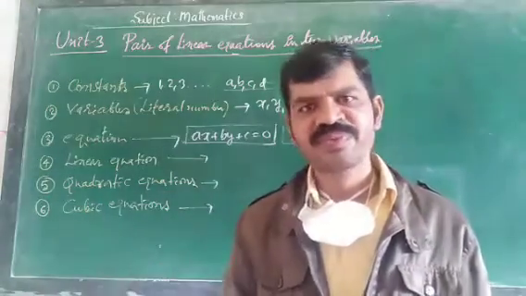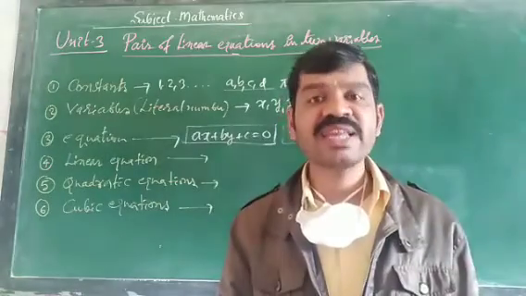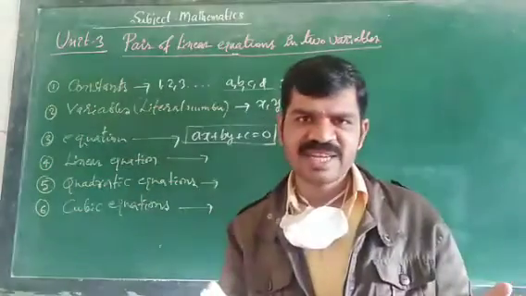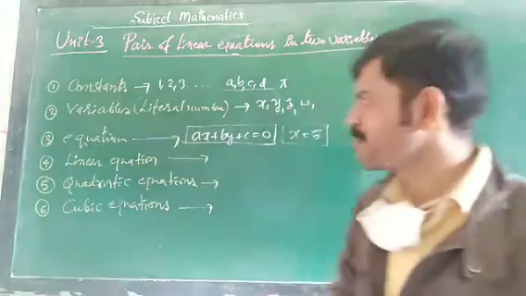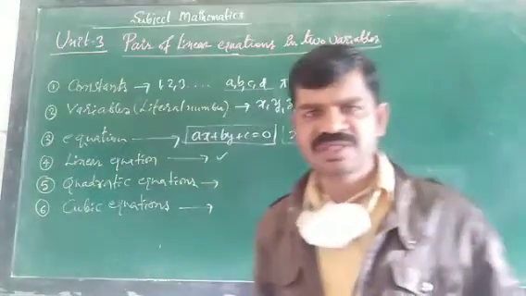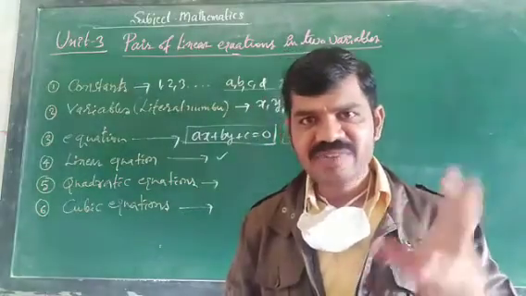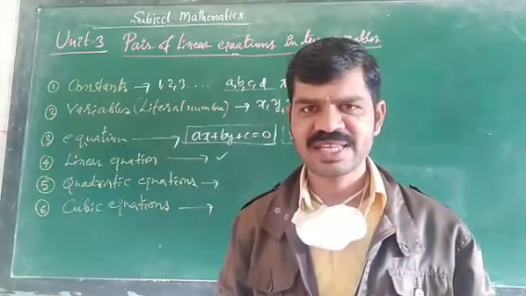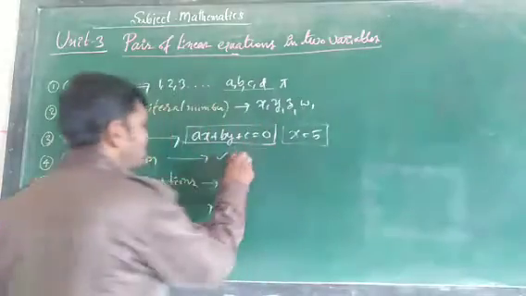Here also, in pair of linear equations in two variables, equality of left hand side and right hand side will be an equation. I hope you could understand this. Fine. Linear equation, quadratic equation, cubic equation. What does it mean? Linear equation, in the sense, it is an equation of a line.